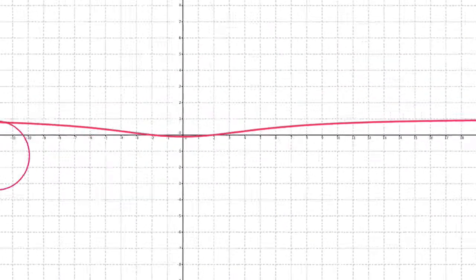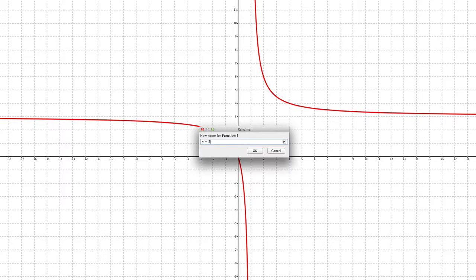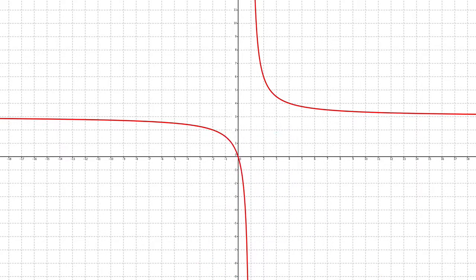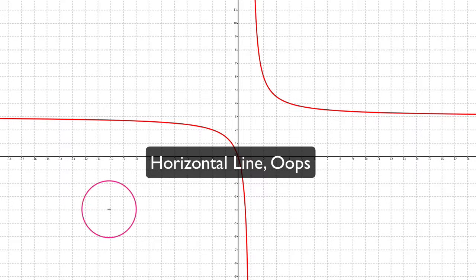So for instance, on our first graph here, 3x over x minus 1, I noticed, and I kind of observed this, at y equals 3 right here, you can see that our graph is getting really, really close to y equals 3. As a matter of fact, if I were to just type in y equals 3, we can see that our graph gets really close to this line right here. So that's what we mean by a horizontal asymptote.